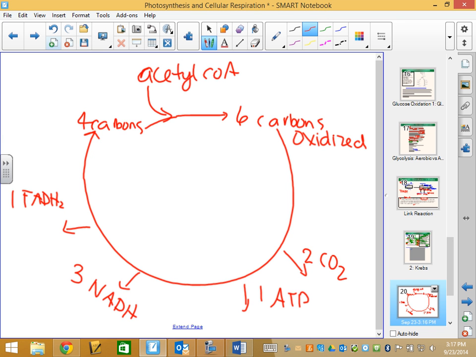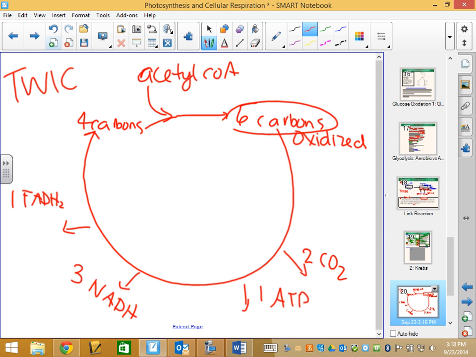This is what you need to know about the Krebs cycle. You don't need to know the names of the intermediate compounds or the exact order that all of those things are produced in. You need to know the process. I take this, I oxidize it, and in oxidizing it, I make a bunch of other reduced molecules, and those are the products of the Krebs cycle.